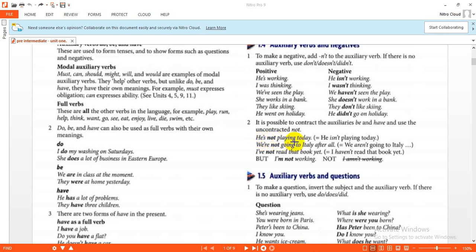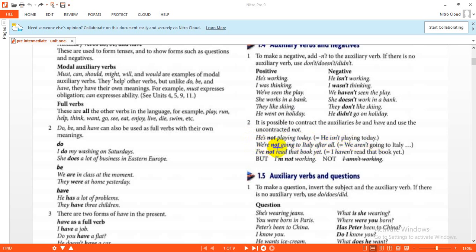He is not playing today. He isn't playing today. عند كتابة هذه الجملة تكون عملية الاختصار هذه صحيحة وكذلك هذه صحيحة. He's not playing today. He isn't playing today.